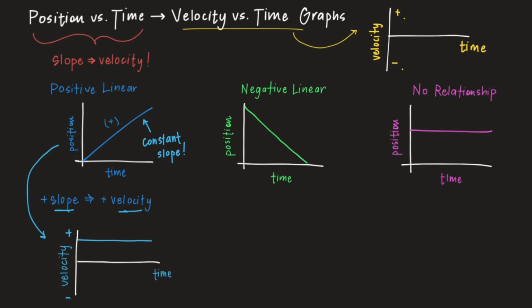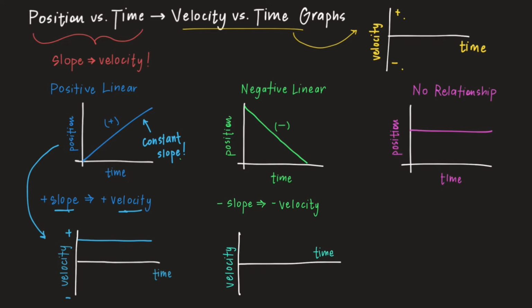So let's take a look at our negative linear relationship. For our negative linear relationship, we have a negative slope. Okay, y is decreasing as time increases. So our negative slope tells us we have a negative velocity, and it's a constant slope, so it's going to be a negative constant velocity.